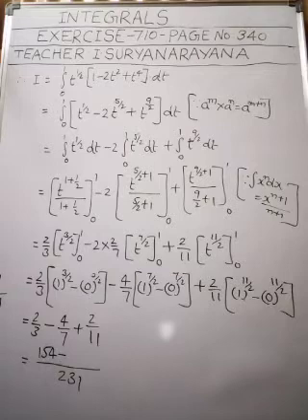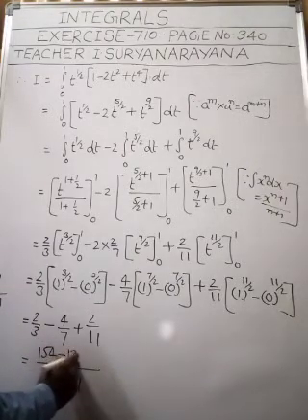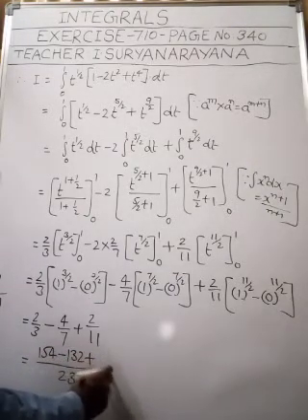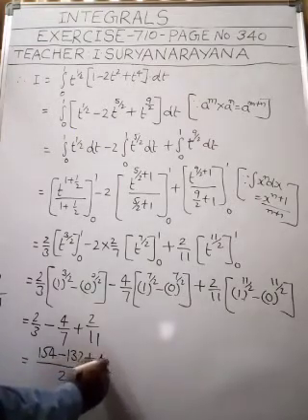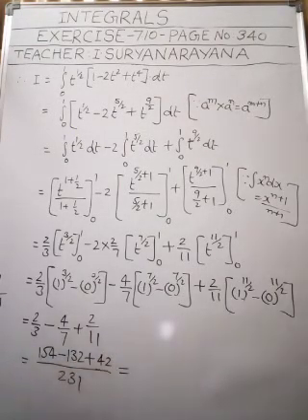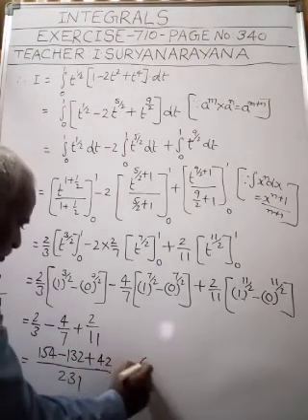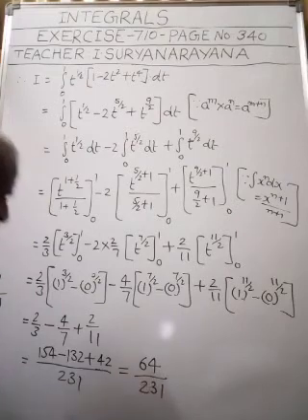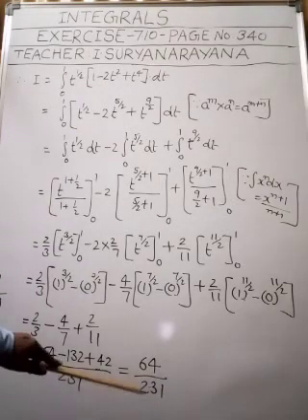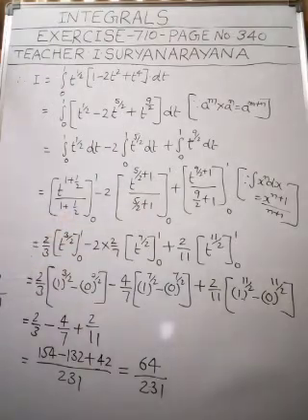What do you get? 132, plus 11 times... 21 times 2 is 42. Okay, my children. By simplifying these three numbers in the numerator, what will you get? 64 by 231. This is the definite integral of the given function.